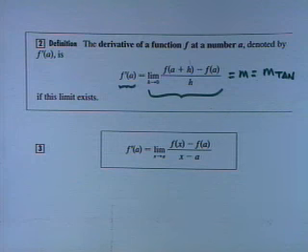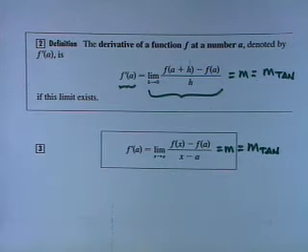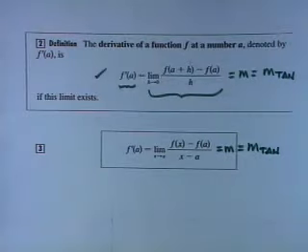Now, since we also had this as the slope of the tangent, that's an alternative definition for the derivative of a function at a certain value. Now, which one do you use and when do you use it? I would probably choose this one most of the time because we're handed the function.